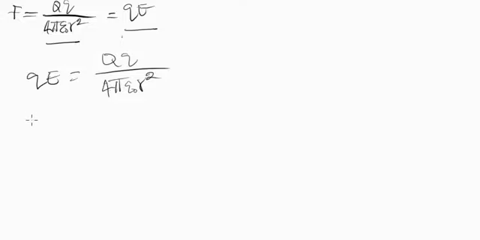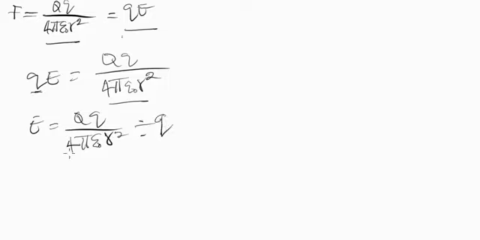Now we can simply make E the subject of this equation by dividing this by the coefficient of E here, which is Q. So we can simply say E is equal to Q times Q over 4 pi E naught R squared divided by the coefficient of E, which is Q. So when we do this, this will simply give us Q times Q over 4 pi E naught R squared now times the inverse of this, or the reciprocal of this, which is 1 over Q.